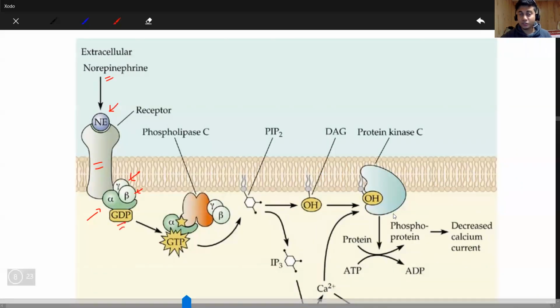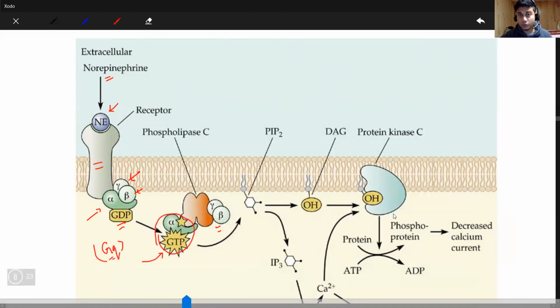GDP is bound earlier, but whenever this ligand binds here, the GDP is lost, GTP comes here and binds here. Now this GTP detaches the alpha subunit from the beta and gamma subunit. Now this GTP bound alpha subunit for this GQ protein, we are discussing the GQ coupled receptor.